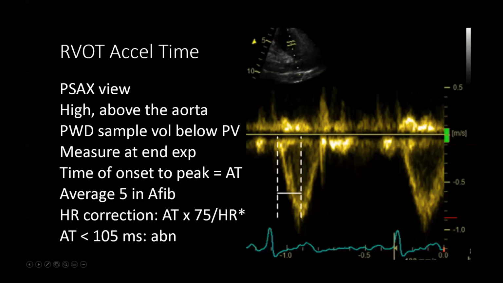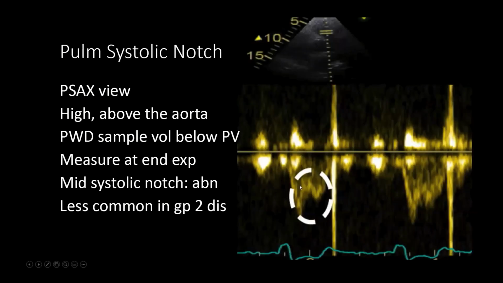So RVOT acceleration time, you might not do this routinely, but if you do, this distance from the start of the jet across the pulmonary valve into the peak of the jet, if this jet is too fast, that means there's pulmonary hypertension, you get a point. If there's a notch in the jet, that means there's pulmonary hypertension.